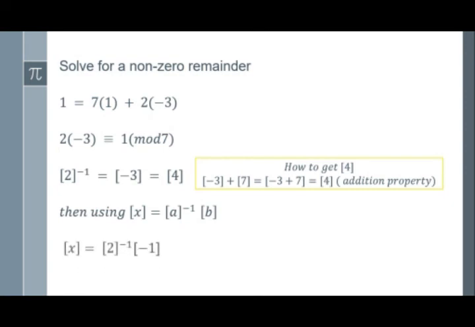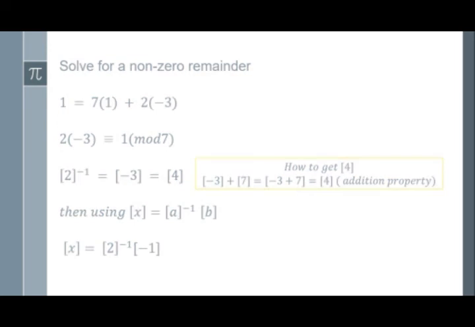Then we go back to equation 4 and make the congruence class of x the subject of the formula, and we get the congruence class of x equal to the inverse of the congruence class of 2 times the congruence class of -1.